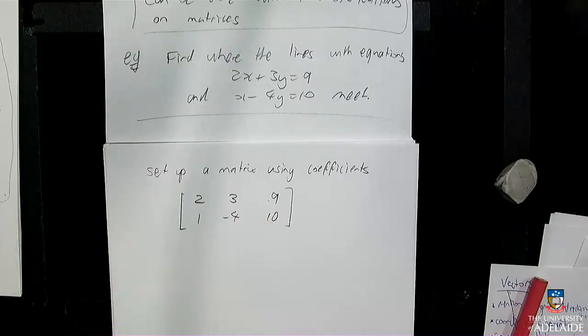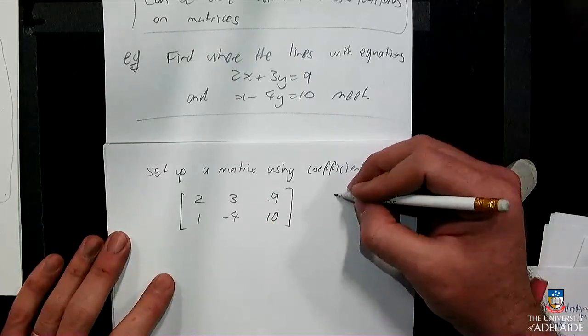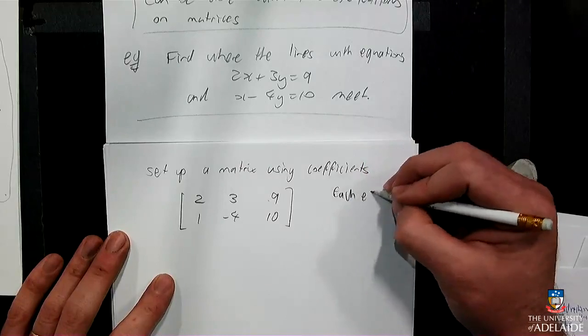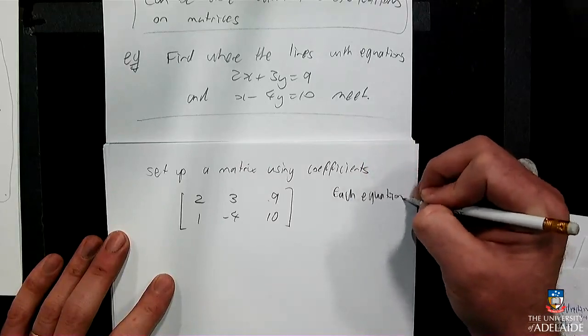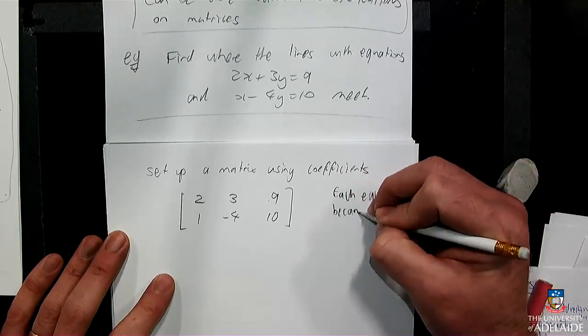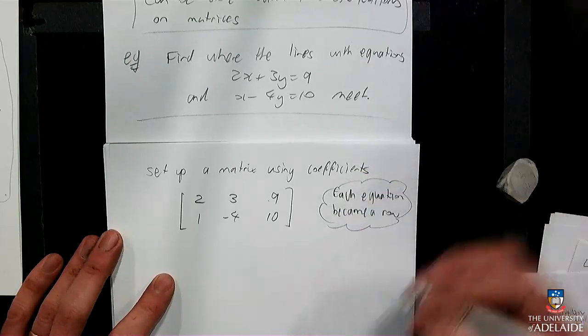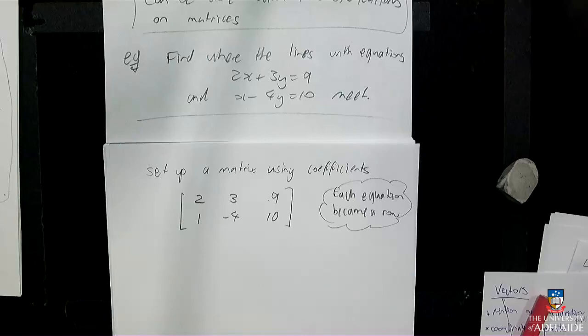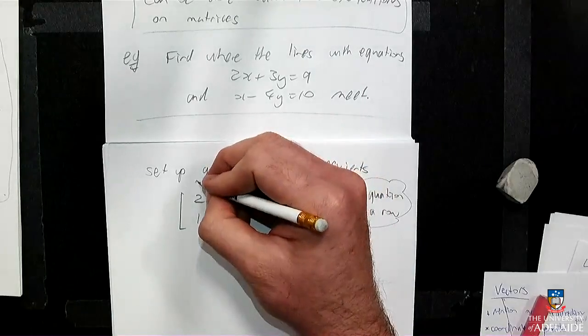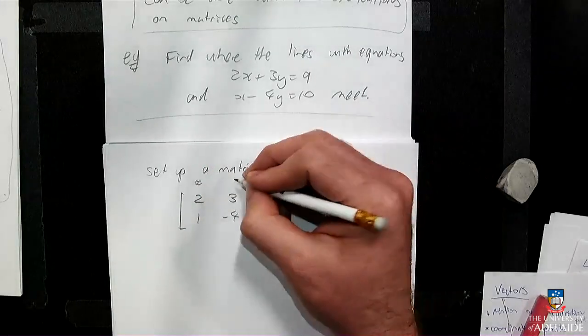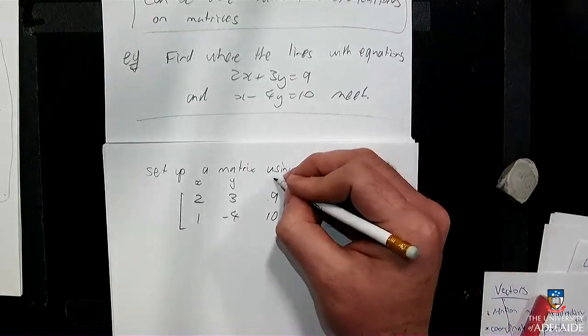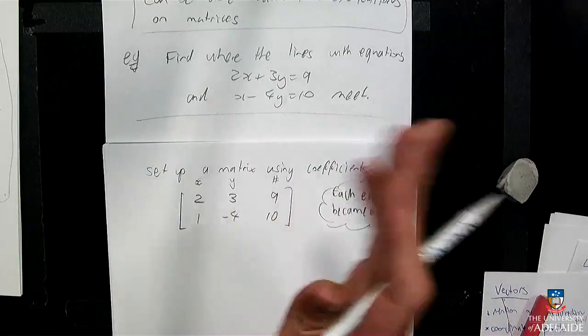So each equation became a row. And just to remind myself, this is the coefficients of x, these are the coefficients of y, and these are the plain numbers.